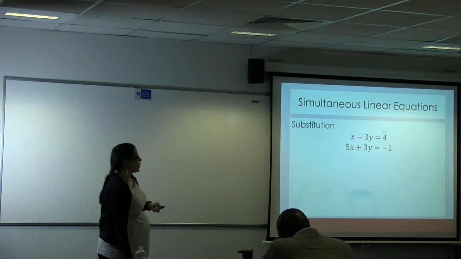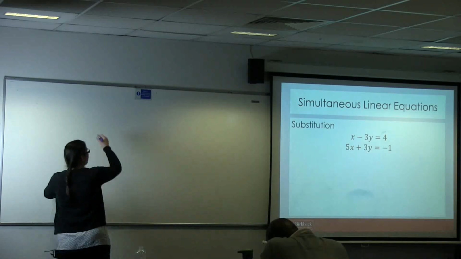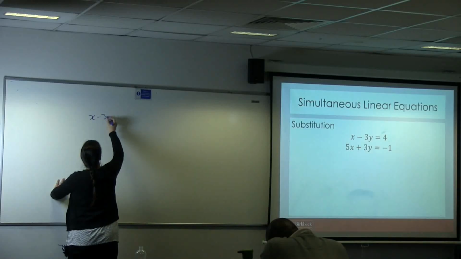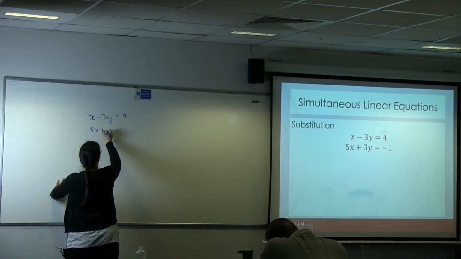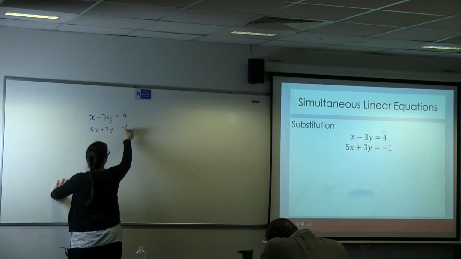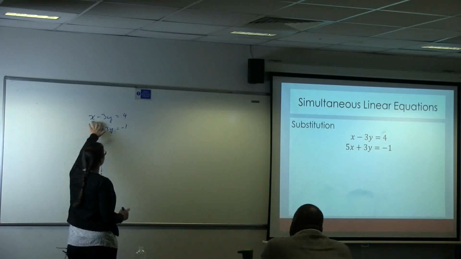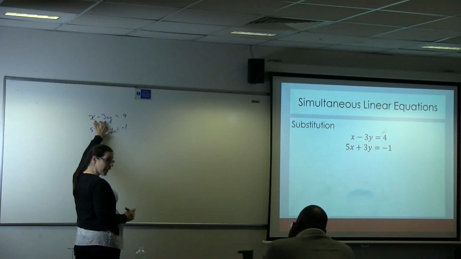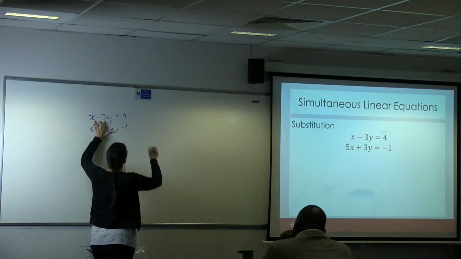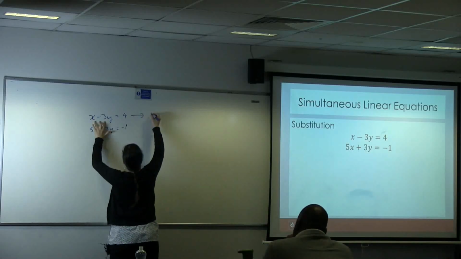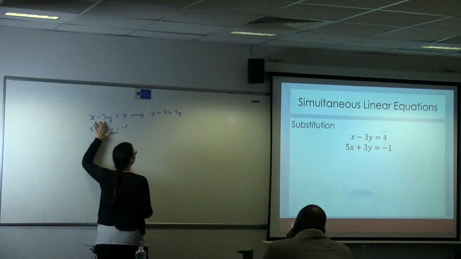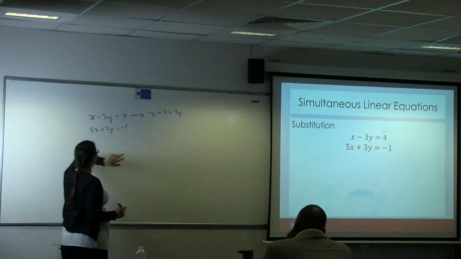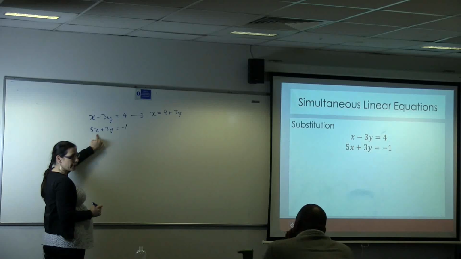Now, in the first equation, I've got x minus 3y equals 4, and the second equation, 5x plus 3y equals minus 1. Expressing x would be very simple from here. So from this equation, I can say, okay, well, x is nothing else but 4 plus 3y. And now I can pick that up and put it back into the place of x in here.